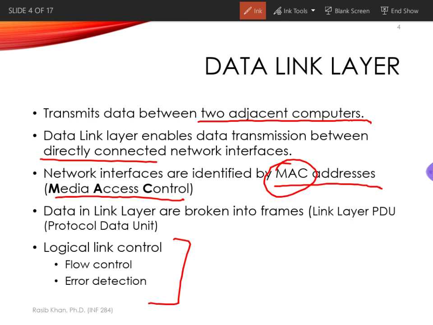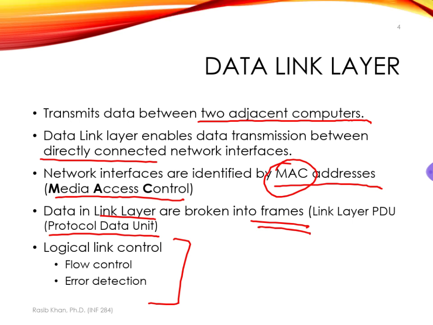Another thing that is important for the data link layer is the specific protocol data unit which applies to the link layer, and that is what we refer to as frames. So that means the data link layer deals with frames and the transfer of frames between two directly connected and adjacent network devices.